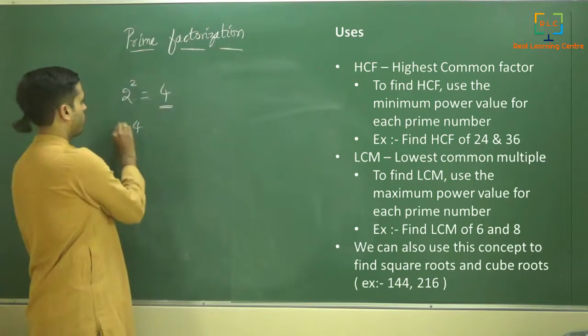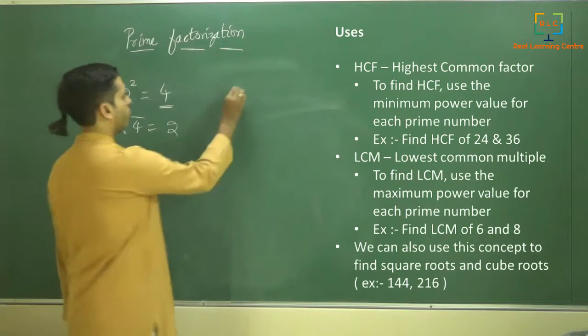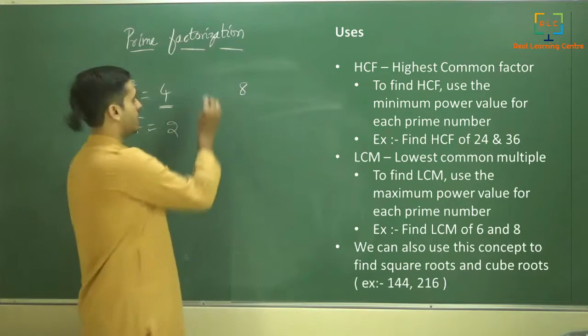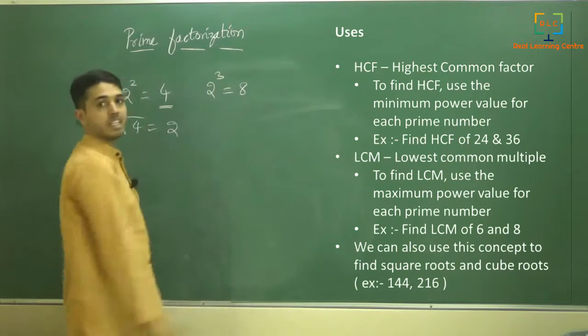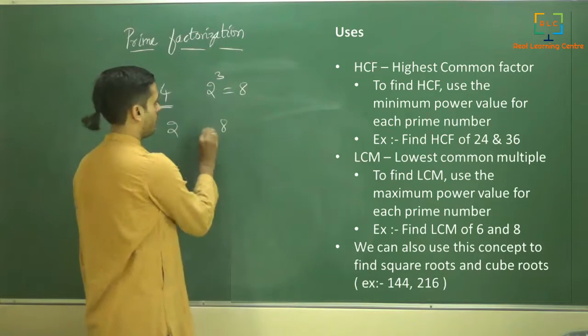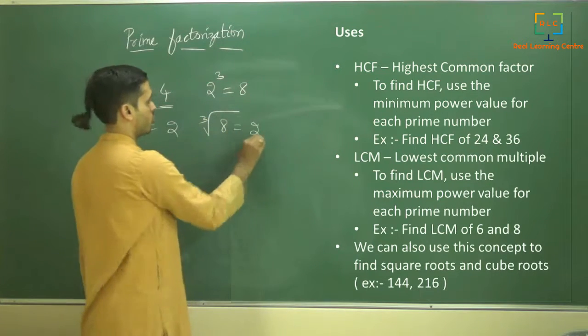So the square root of 4 is equal to 2. Similarly, what is a cube root? The cube root of a given number is another number such that when you raise it to power 3, you get the given number. So the cube root of 8, denoted by this symbol, is equal to 2.